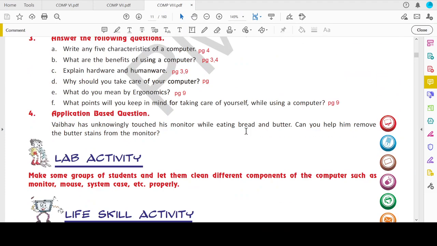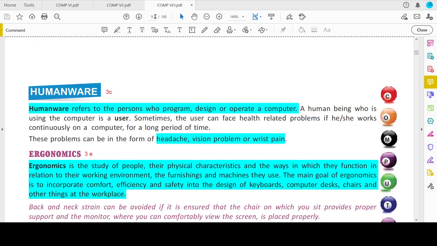Next is, what do you mean by ergonomics? Ergonomics is the study of people, their physical characteristics, and the ways in which they function in relation to their working environment, the furnishings and the machines they use.